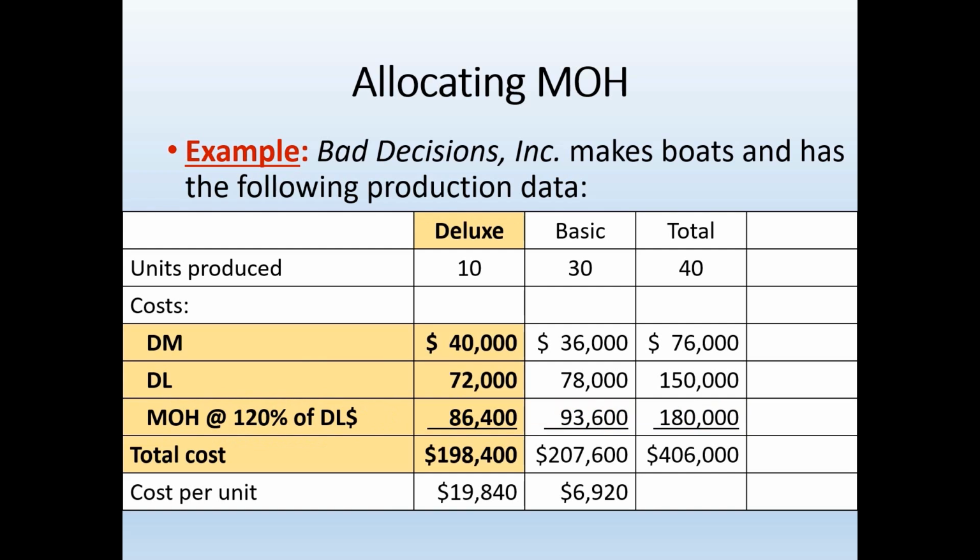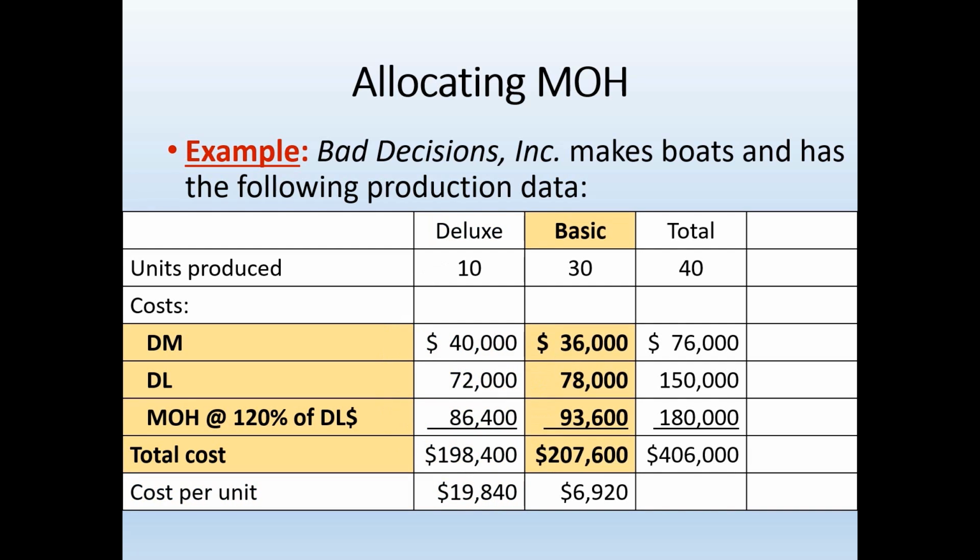Then we can add the direct materials, direct labor, and allocated manufacturing overhead that went into the deluxe boats to get the total cost of the deluxe boats for the period. And we can divide by the number of deluxe boats that were made to get the cost per unit for a deluxe boat.